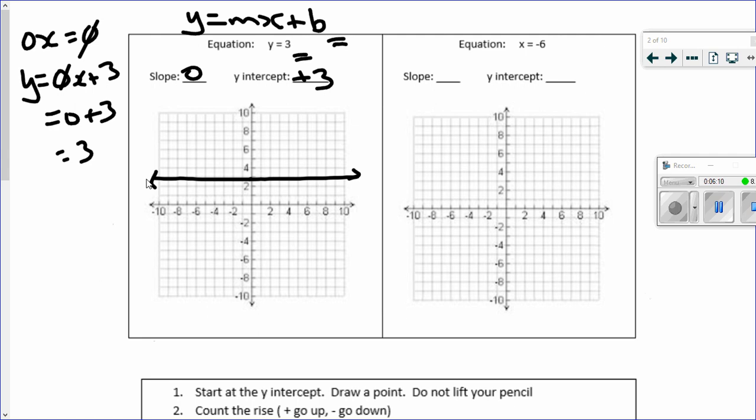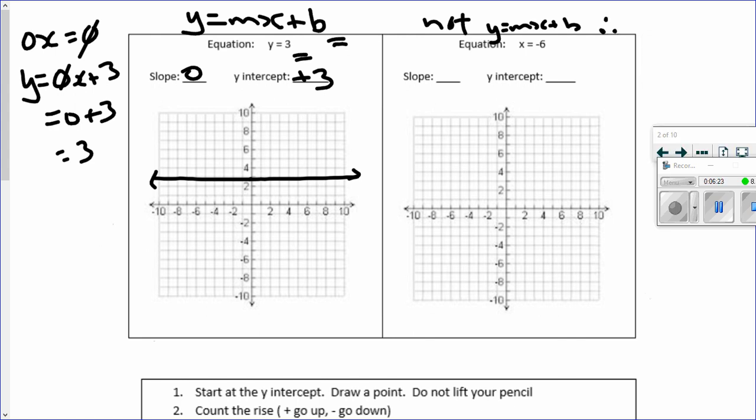This is special. So because it's special, it must be a vertical line. And it's not that my y-intercept equals 0, because 0 is a number.